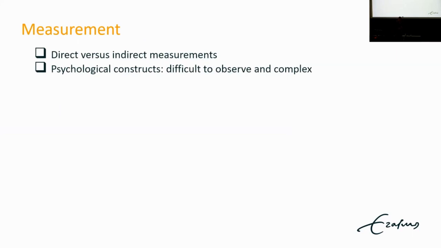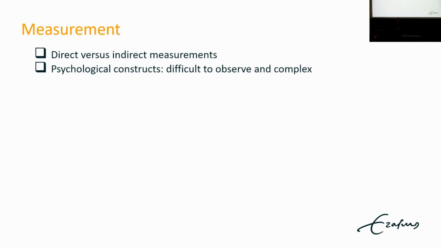So with regard to measurements, well, you can sometimes directly observe behaviors, and sometimes that's not the case. And in fact, for many of the things we study, psychological attributes, psychological variables, like depression or like parenting self-efficacy, that's something that's in your head. You cannot directly see what the level of parenting self-efficacy is when you see a parent, and it's also not directly visible when I just look at you.